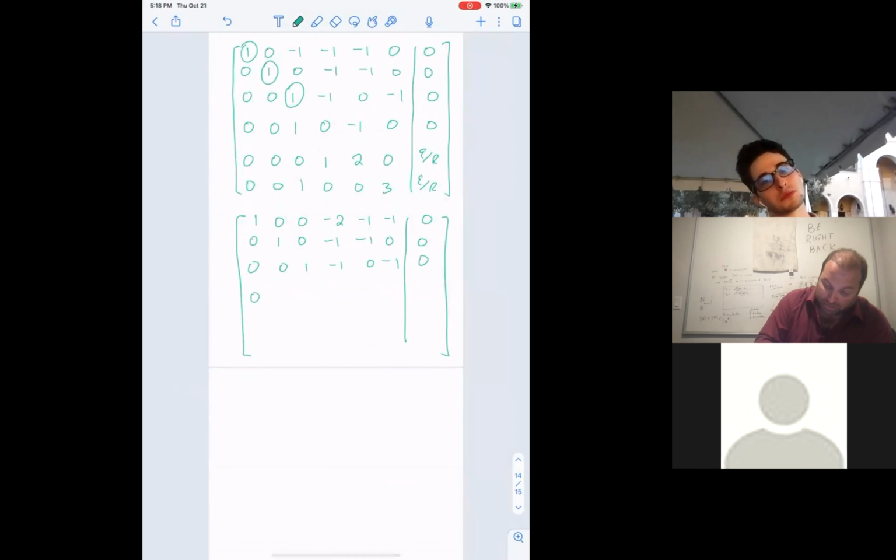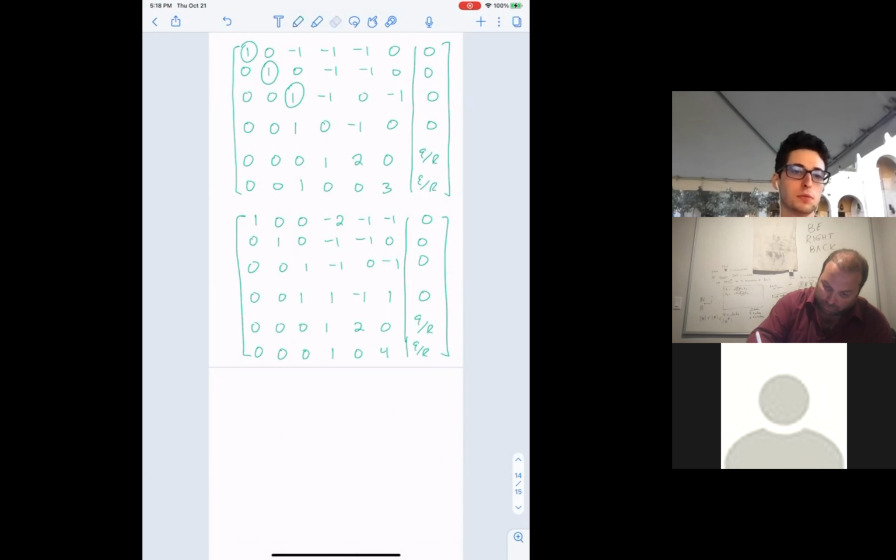Fourth row subtract. 1, -1, 1, 0. Fifth row has a 0 there. And for the last one, subtract 0 minus 0, 0 minus 0, 1 minus 1, 0 minus -1, 0 minus 0, 3 minus -1, and E over R again.